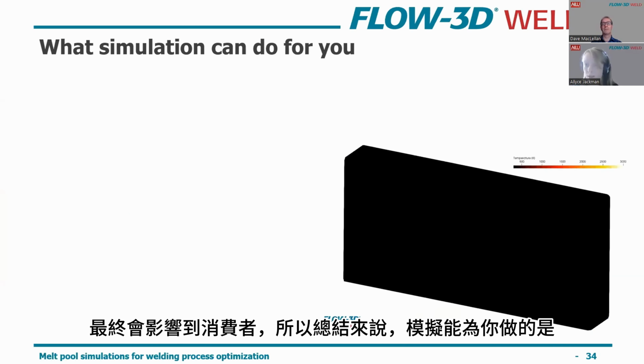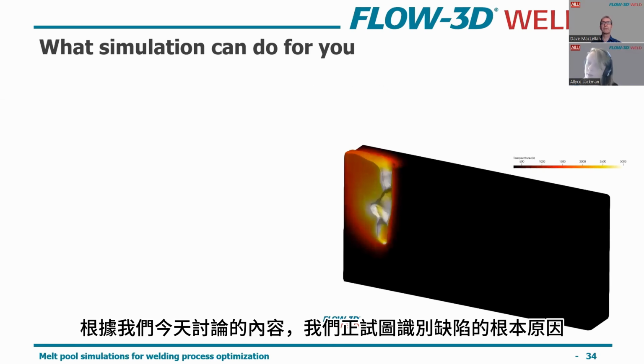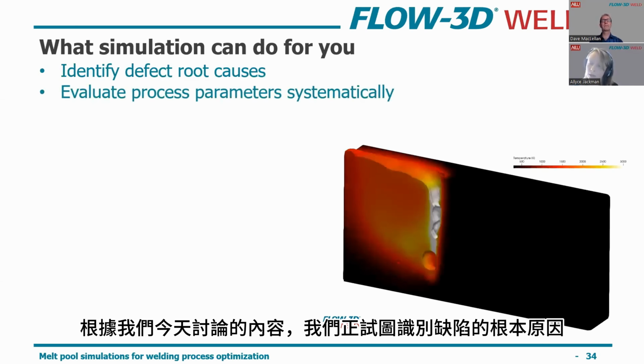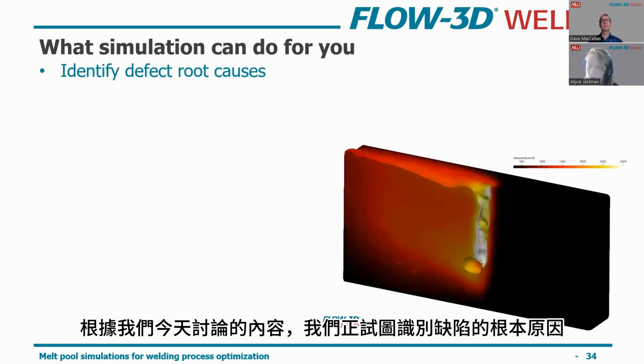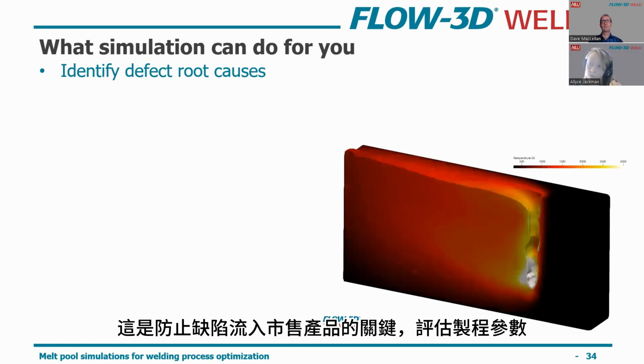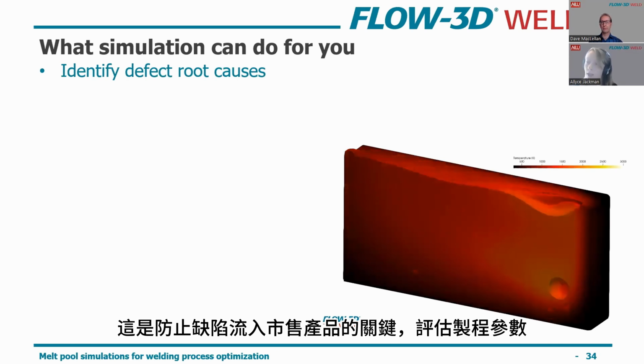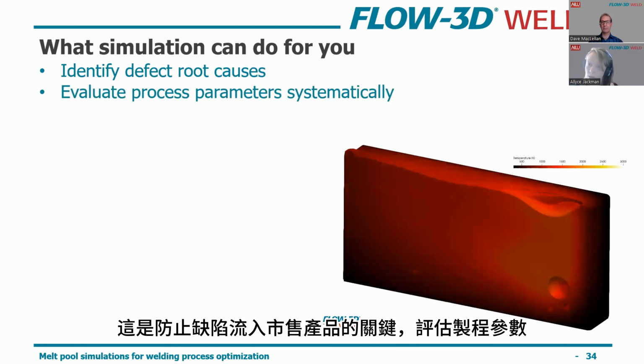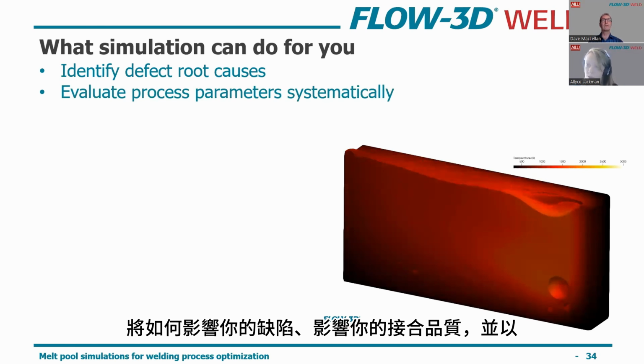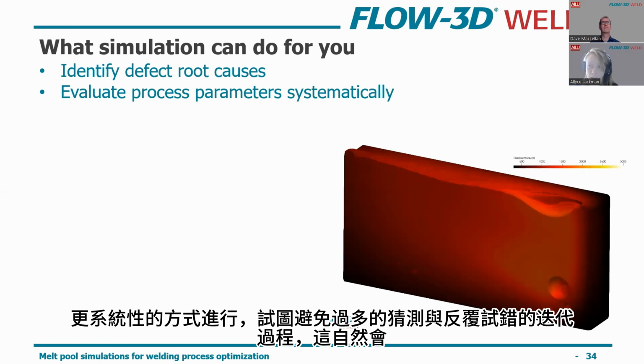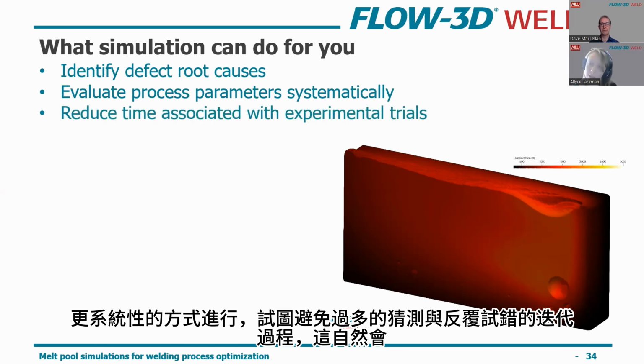So just to wrap it up, what simulation can do for you from what we've talked about today. We're trying to identify defect root causes. This is key to preventing defects from making it out to products there in the world. Evaluate how process parameters are going to affect your defects, affect your joint quality, and do this in a more systematic way, trying to avoid so much guess and check and iterations.